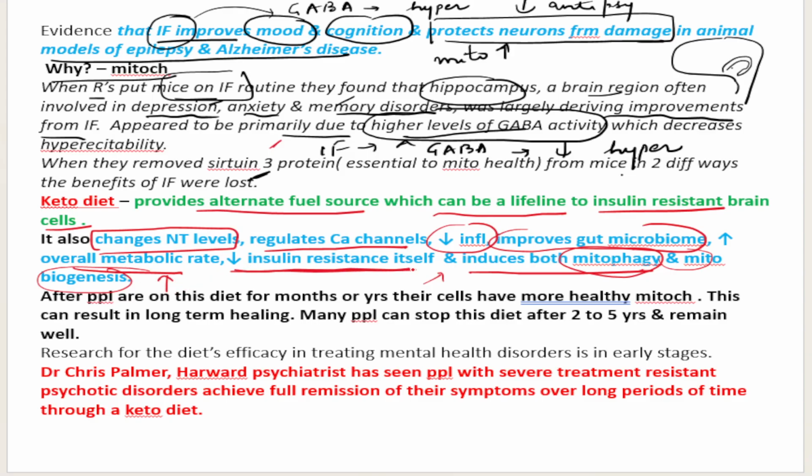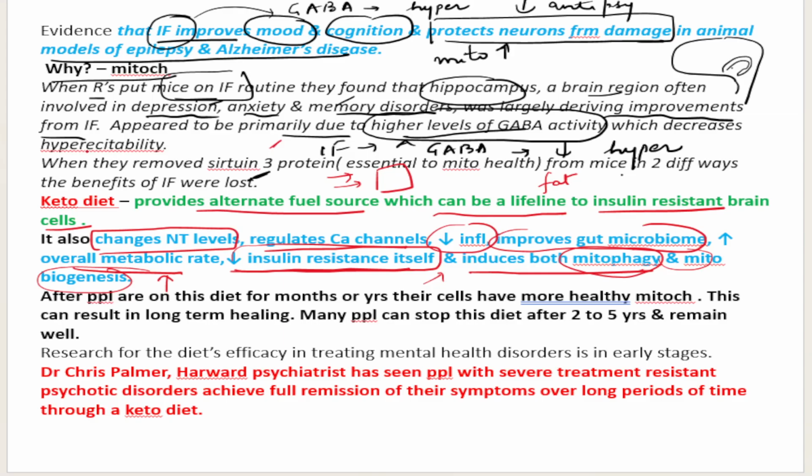It can reduce insulin resistance, because insulin may have trouble getting into the cell. The cells may have resistance to insulin, but ketones can get into these cells easily. And ketones, we know, are produced from fat as a result of eating the ketogenic diet.